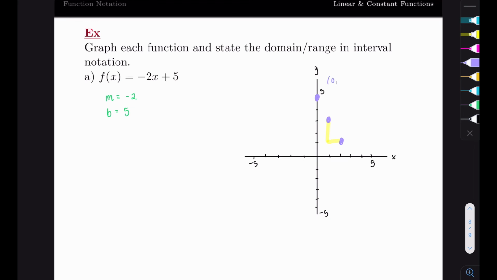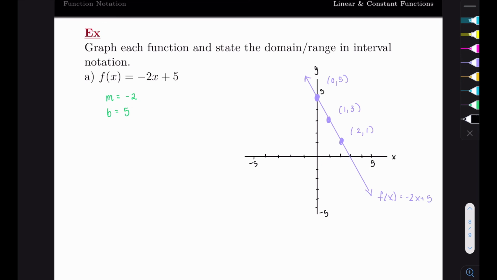So this is the point 0, 5. This is the point 1, 3. This is the point 2, 1. And then we go ahead and just connect our dots. And this is the graph of our function f of x equals negative 2x plus 5.